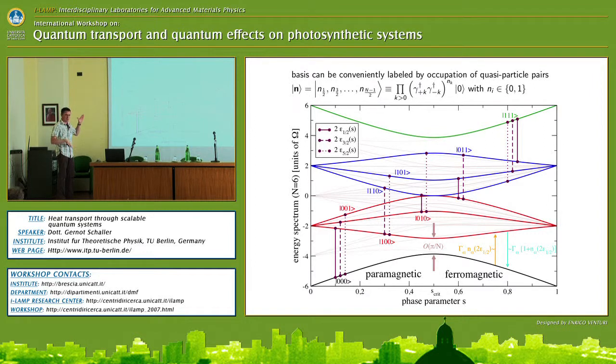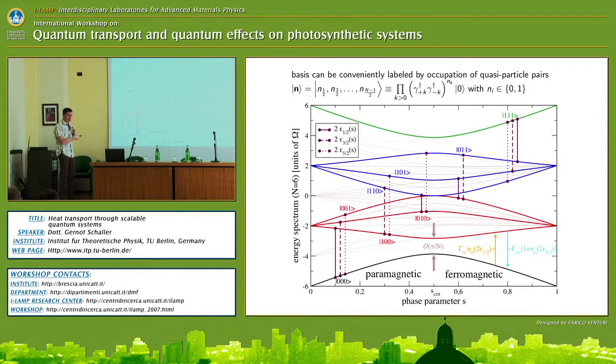As you increase the system size, you get more and more lines here. What's important is that you only have transitions of single pairs, basically, of quasi-particles here. So you have only these allowed transitions between the black and red curves, and red and blue, and blue and green one, where you have 3 quasi-particle pairs.